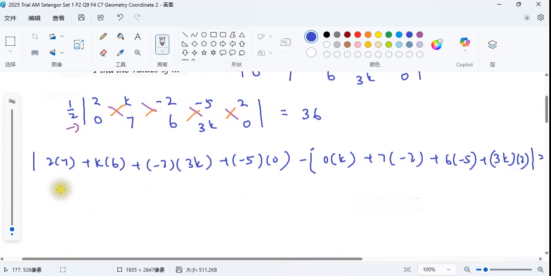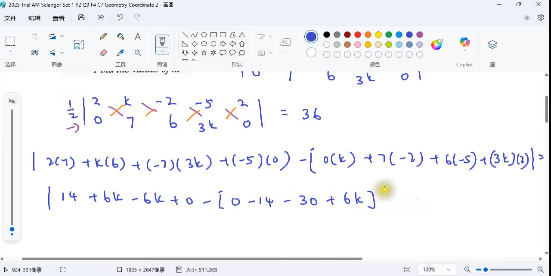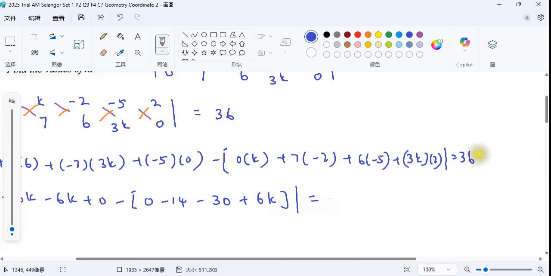So we have the modulus of 14 plus 6k minus 6k plus 0 minus 0 minus 14 minus 30 plus 6k, equals 36 times 2, which is 72.